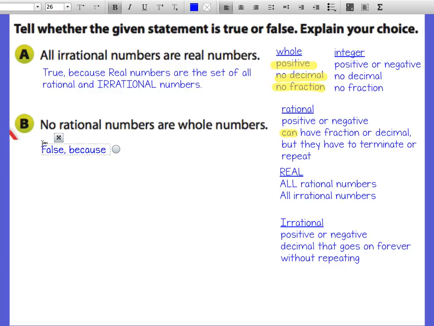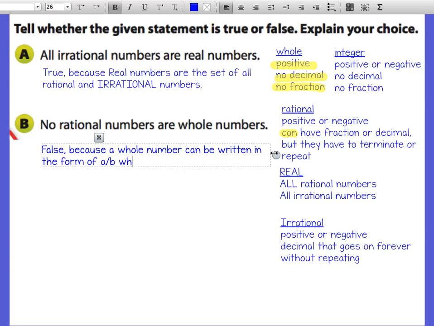It's false because, to get into the very nitty-gritty of it, a whole number can be written in the form of a over b, where b is always equal to 1.